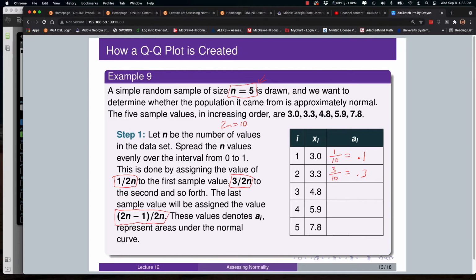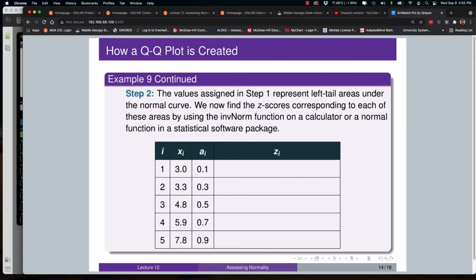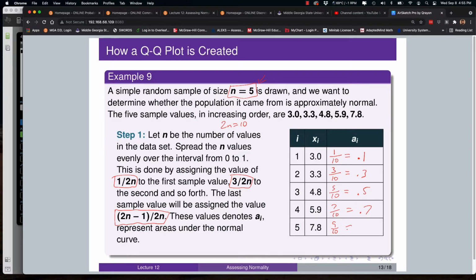And the next one will be 5 over 10, which is just 0.5. 7 over 10, which is 0.7, and then finally we're going to have 9 over 10, which is 1 less than 10 in the denominator, which is going to just equal 0.9. So that gives us all of our proportions underneath a standard normal curve that we need to find.